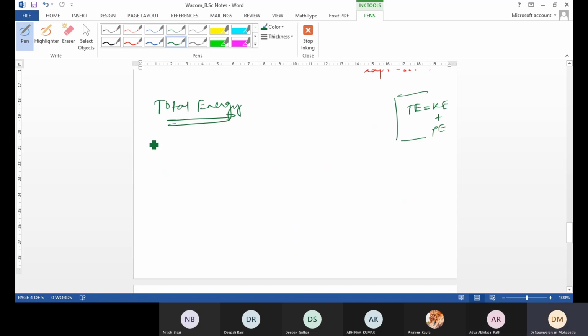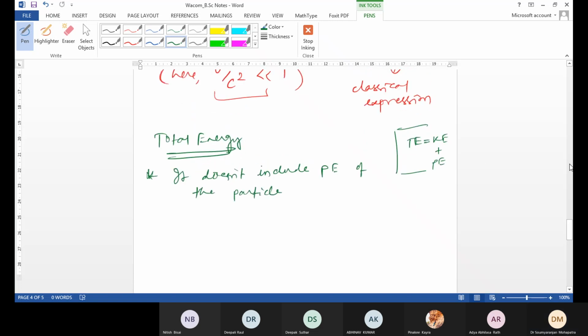You have to remember that it does not include the potential energy of the particle. Is that clear? Are you able to understand or not? Shall I proceed?